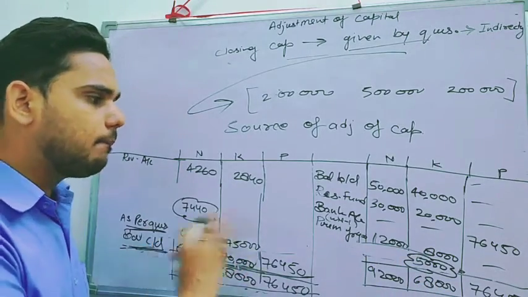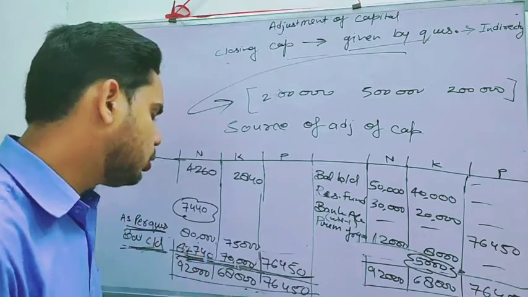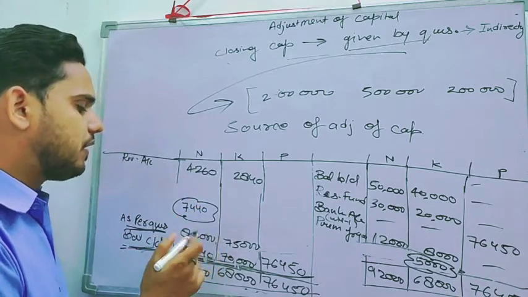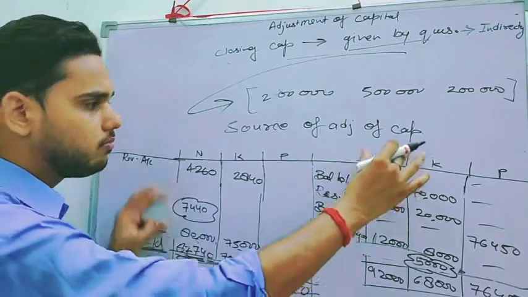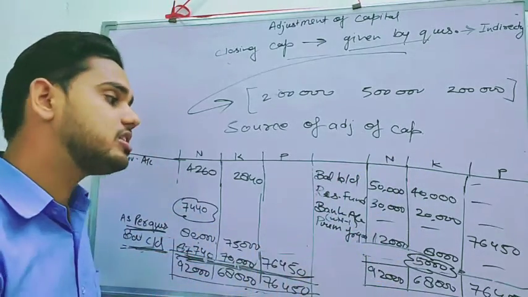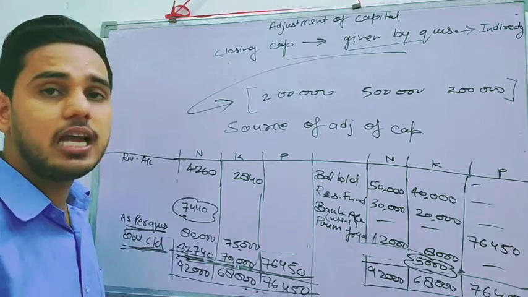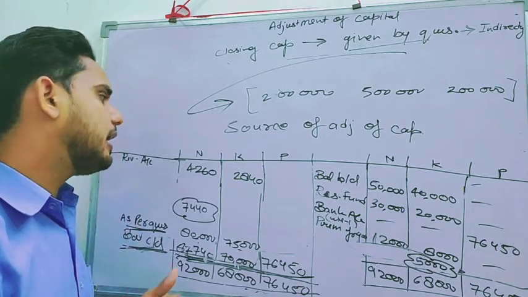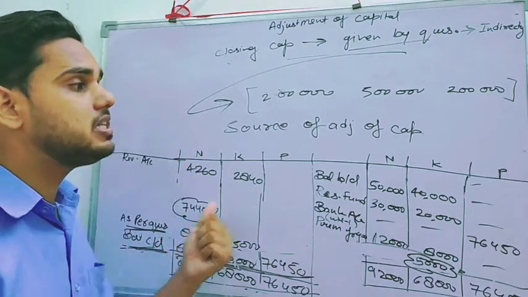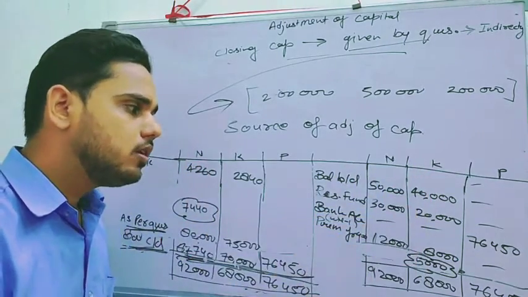You don't need to compare these things. You simply write these values, 80 and 75, then total the columns of both sides, and see on which side we are getting the difference. In our example we are getting the difference for N on the debit side and for K on the credit side.